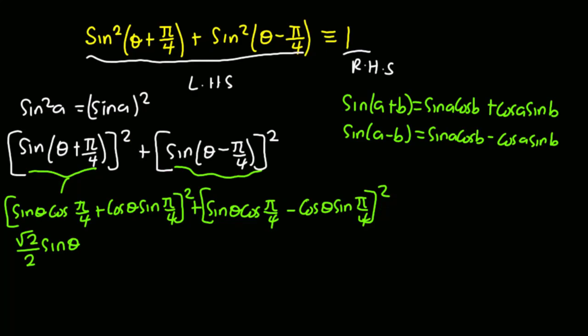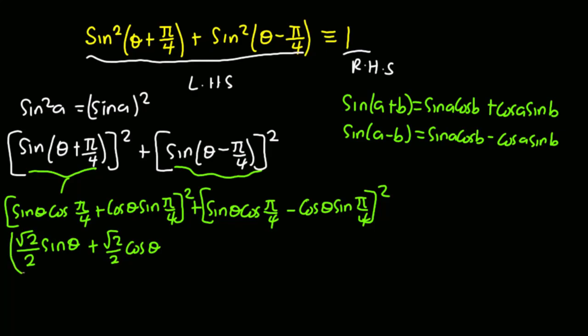So sine theta cos pi on 4. Cos pi on 4 is the same as cos 45, and cos 45 is root 2 on 2 times sine theta, plus sine 45, which is the pi on 4, is also root 2 on 2. So root 2 on 2 times cos theta gives root 2 on 2 cos theta.